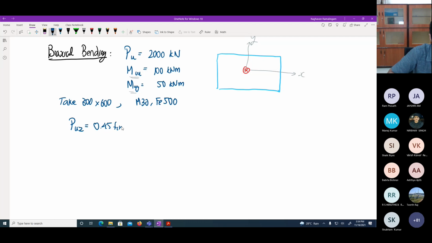So 0.45 fck, Ac is nothing but gross area minus area of steel, plus 0.75 fy Asc. Among this I know everything. I have 2000 into 10 power 3. This is 30, this is 300 by 600, this is 500. Find out what you get for Asc.